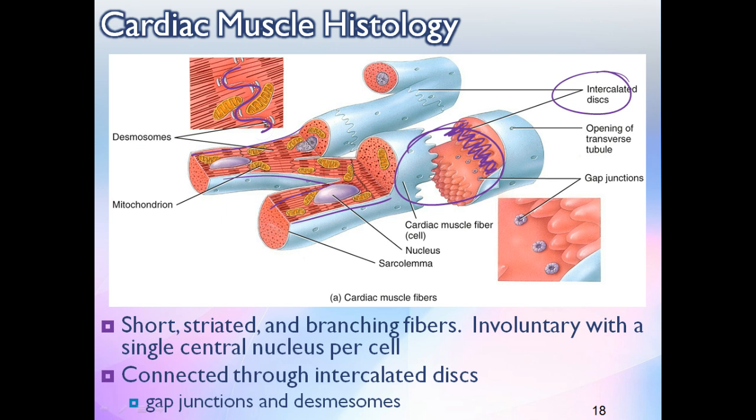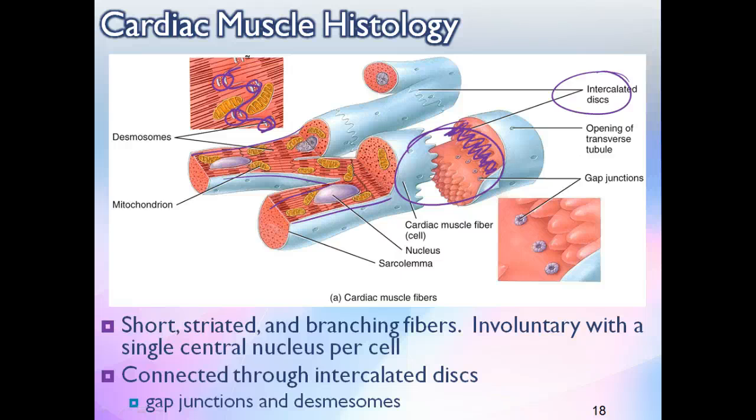In addition to that, we're going to really secure the two cells together with these lovely desmosomes, which, as you recall from A&P1, were the strongest of our cell junctions. And finally, we need to make sure that all of these cells can work together as a unit, as one single organ, which means they need good communication.